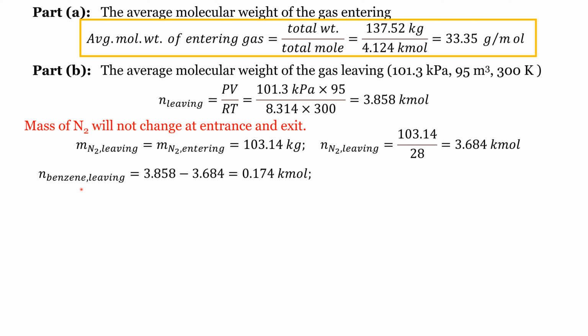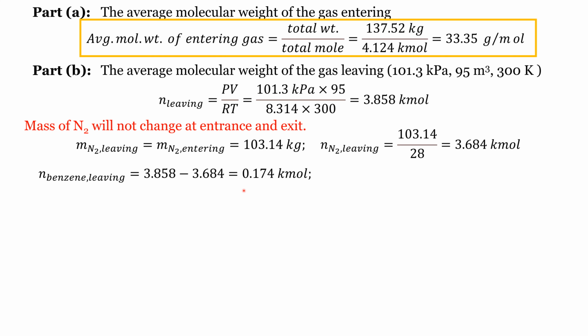Moles of benzene leaving will be equal to total moles leaving minus moles of N2 leaving. So moles of total gas leaving is equal to 3.858 kilomole minus moles of N2 leaving, that is 3.684.